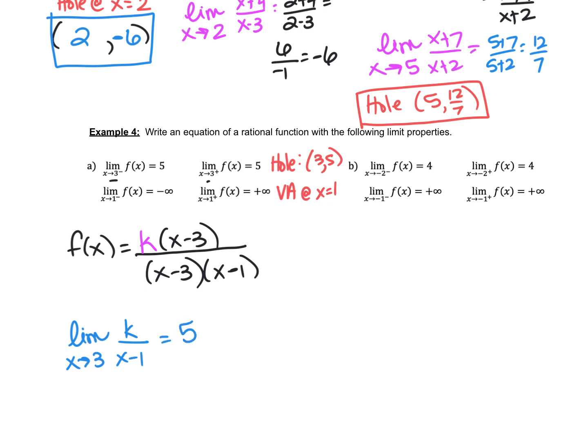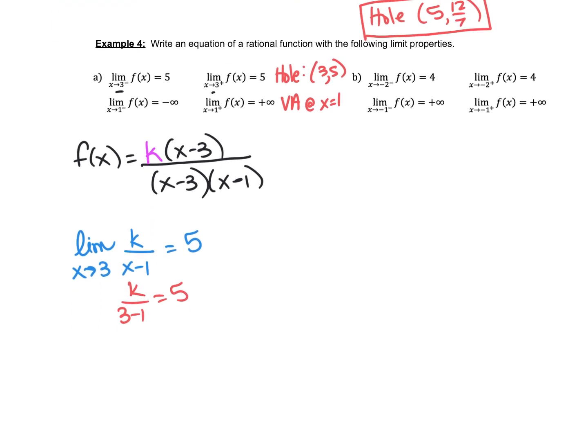That's what it tells me. The limit as I approach 3 should equal 5. That means I just need to plug in 3 for x. So k over 3 minus 1 is going to equal 5. Well, let's solve that equation. That means k over 2 equals 5, and so k is just 10.